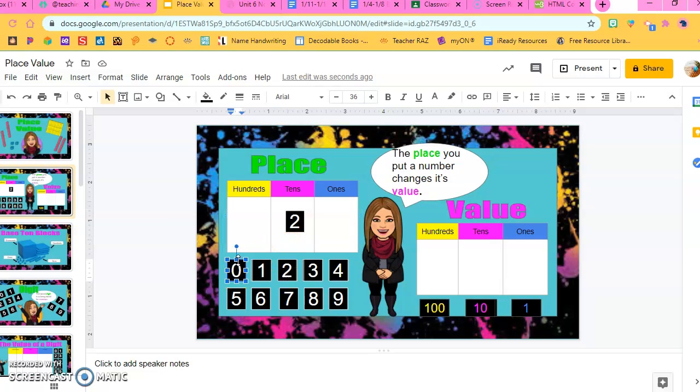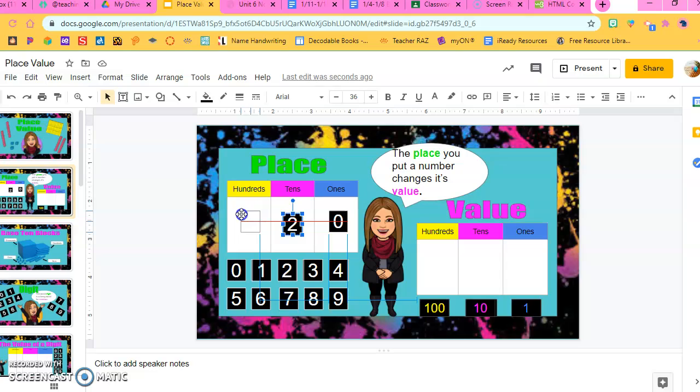So even if there's not a number that we see there, there's always this imaginary 0. So if I have a 2 in the 10 spot, that really means that I have 20 pencils. See how it changes? If it's 2 in the 1 spot, I just have 2 pencils. But if I have 2 in the 10 spot, then that's really 20.